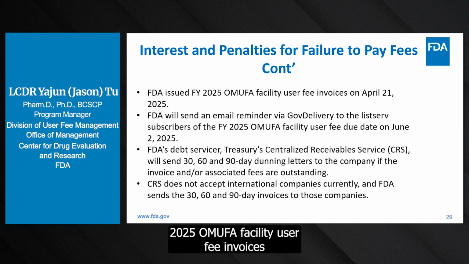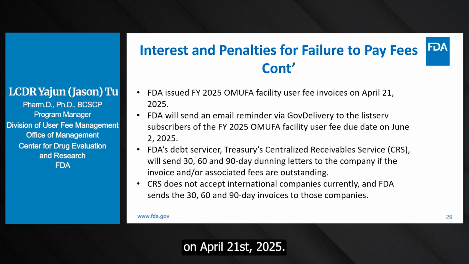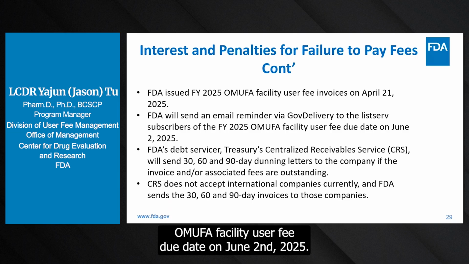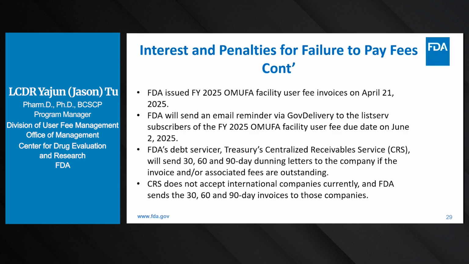FDA issued fiscal year 2025 OMUFA facility user fee invoices on April 21st, 2025. FDA will send an email reminder via delivery to the listserv subscribers of the fiscal year 2025 OMUFA facility user fee due date on June 2nd, 2025.